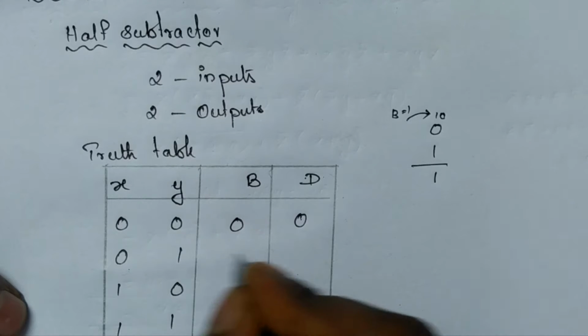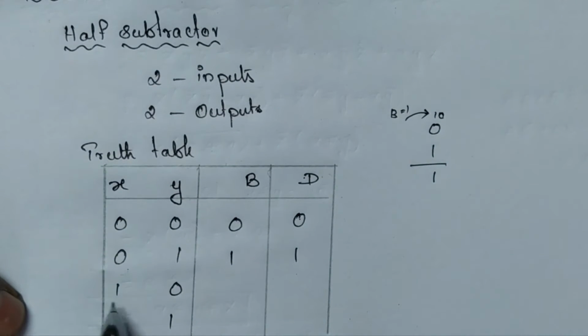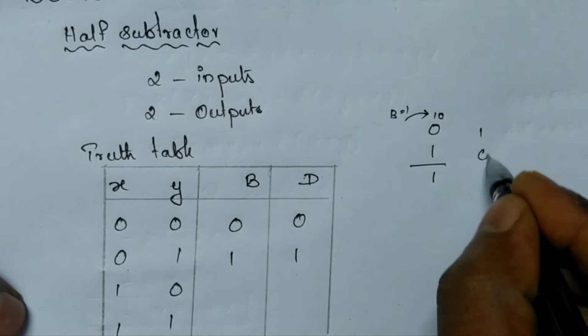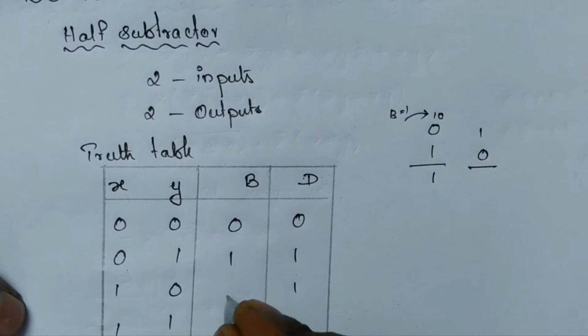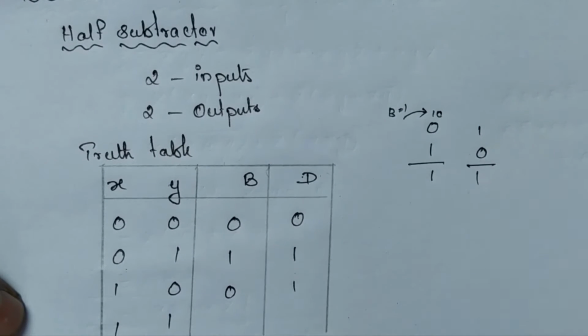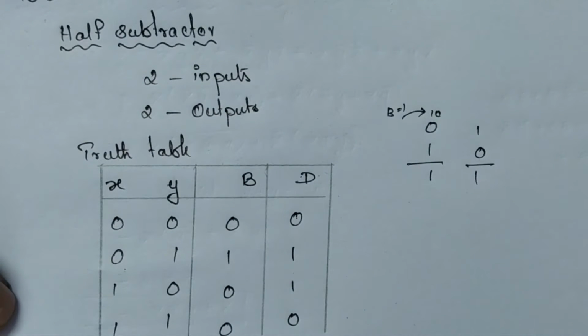Therefore difference is equal to 1, borrow also 1. Next case 1 0: if we subtract, the difference is equal to 1, borrow is equal to 0. Likewise for 1 1, difference is equal to 0, borrow also 0.